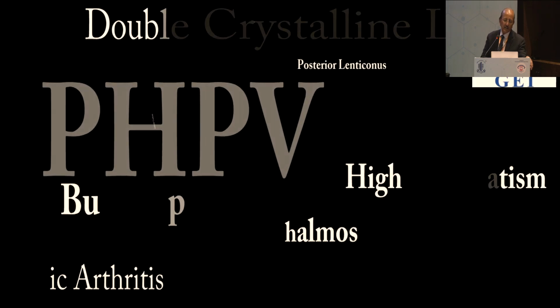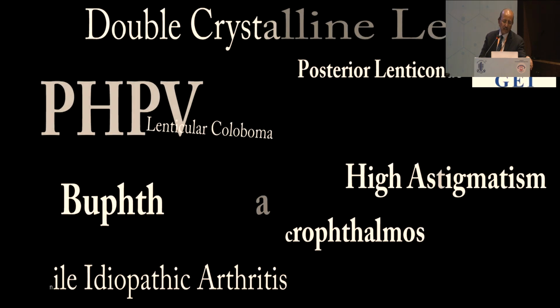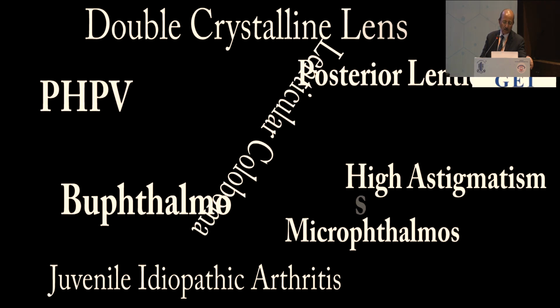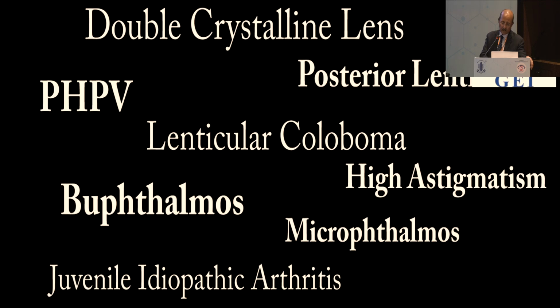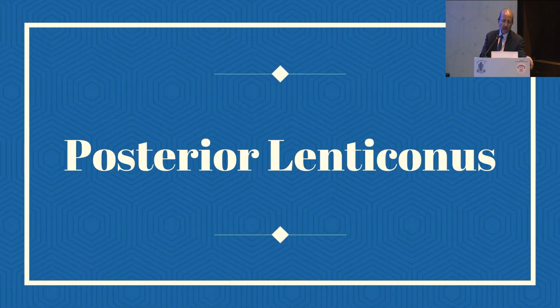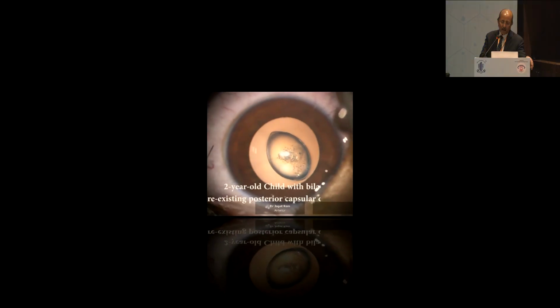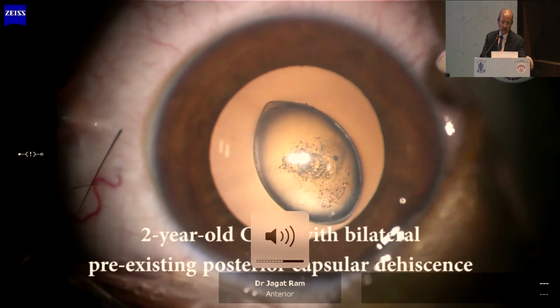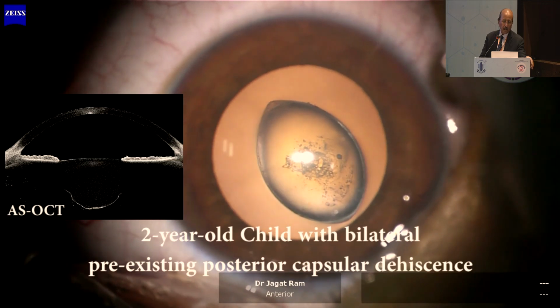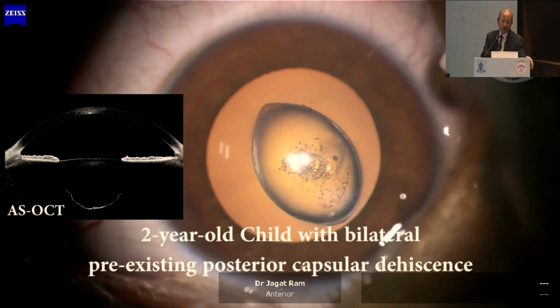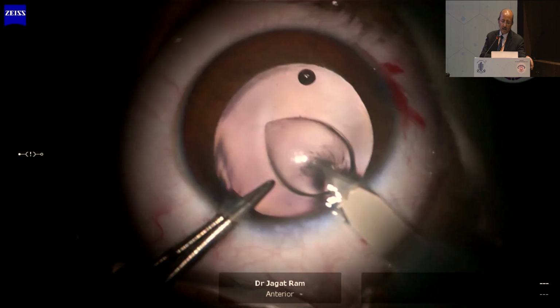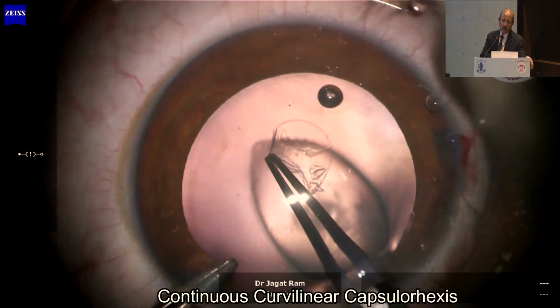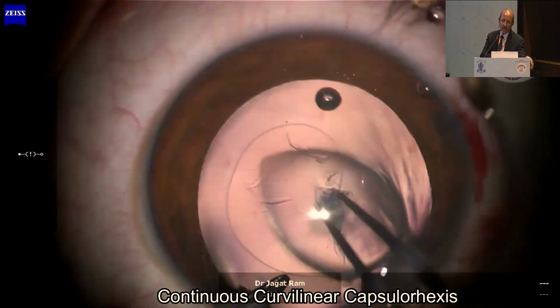Then come pediatric complicated situations such as PHPV, posterior lenticonus, juvenile idiopathic arthritis, uveitis. Here is one child with classical posterior lenticonus. Here I have done anterior segment OCT, which shows that there is a posterior capsular tear, and then I make a continuous curvilinear capsulorhexis.